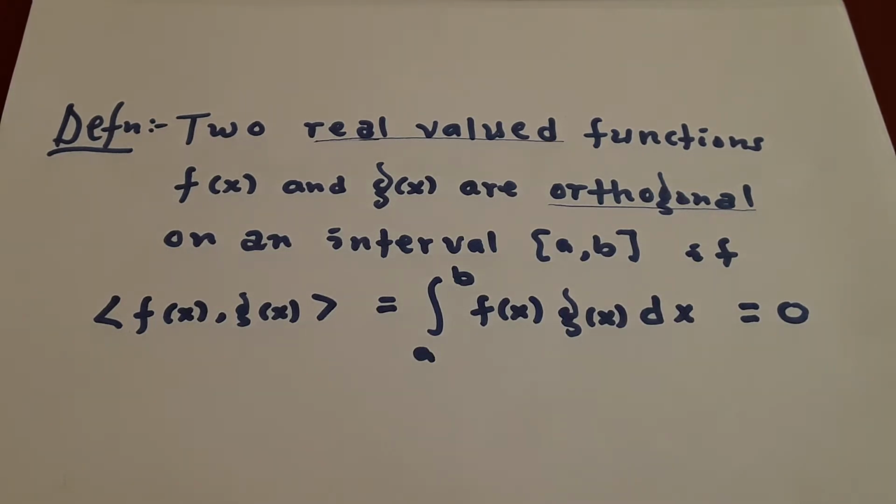If you get 0, then f and g are said to be orthogonal. No function is orthogonal to itself except the 0 function.